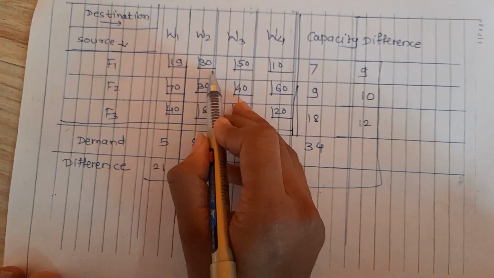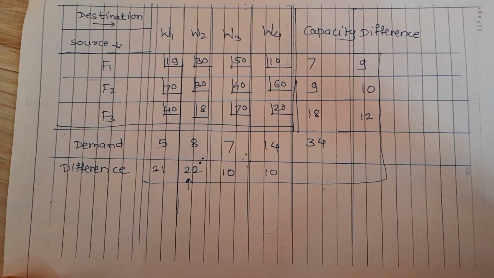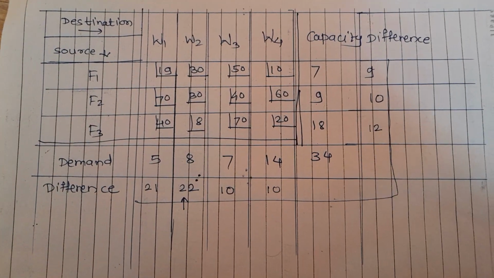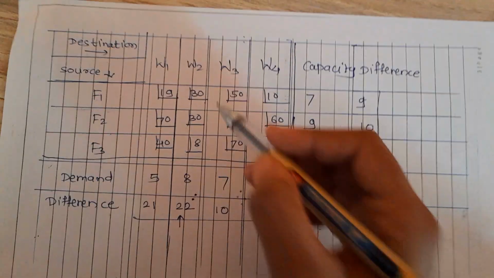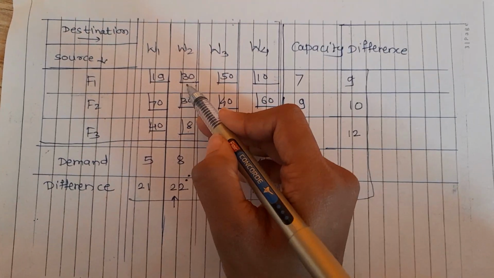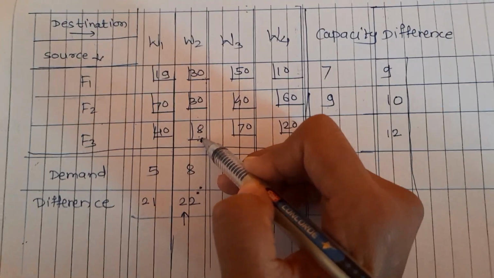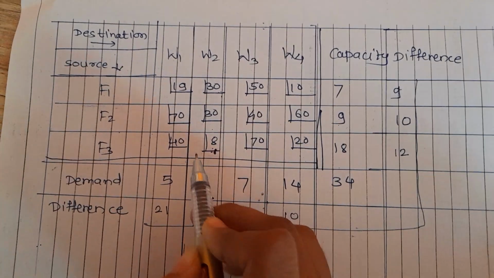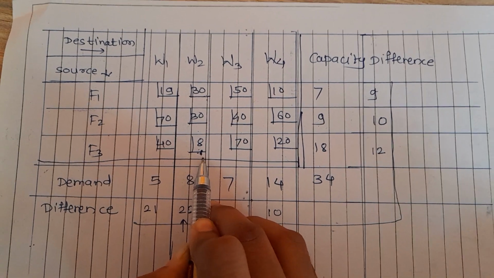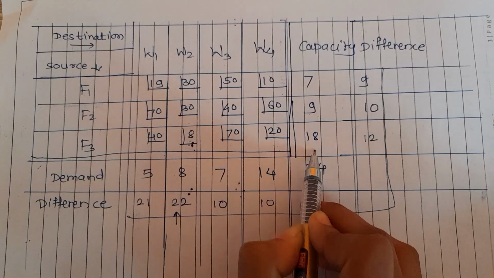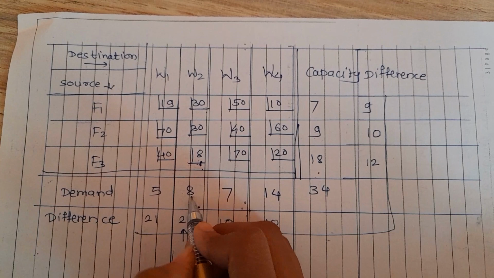Now in this column 30, 30 and 8 are the three values. Where is our next allocation? At the minimum value among them: 30, 30, 8, the minimum value is 8. Therefore our allocation is here. Now see the corresponding capacity and demand. Corresponding capacity is 18, corresponding demand is 8.